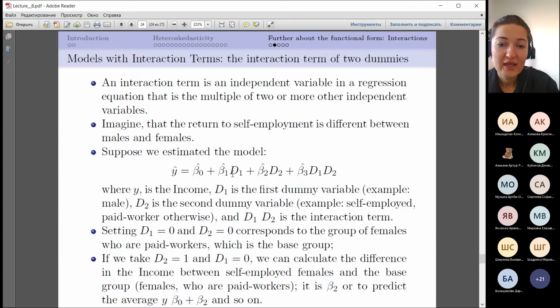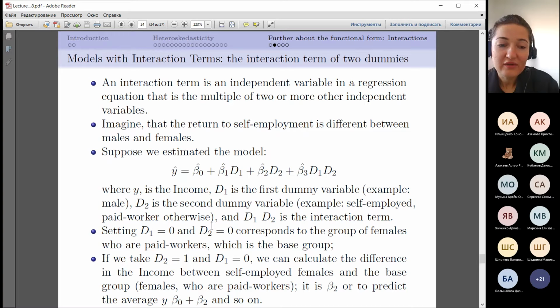In this case, the first dummy equals 0 and the second dummy also equals 0, because the female category equals 0 and the category of paid workers also equals 0. And in this case, you keep only the intercept, this one, because all other terms equal 0.